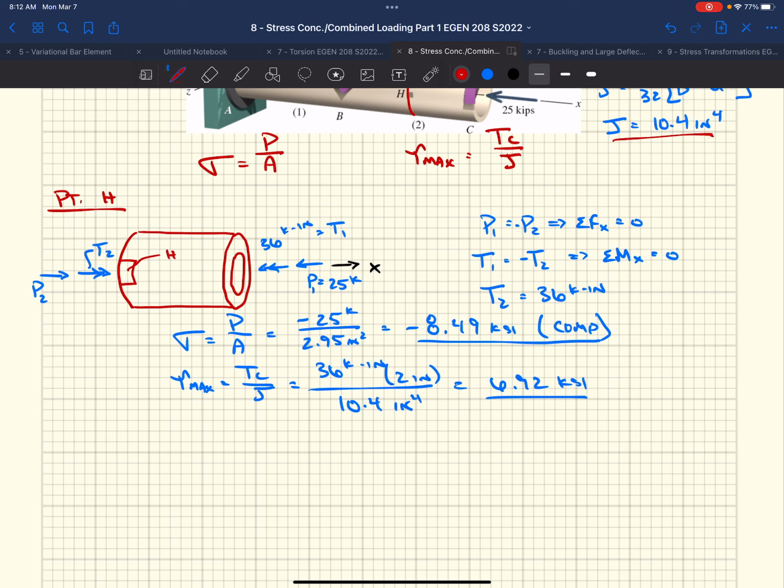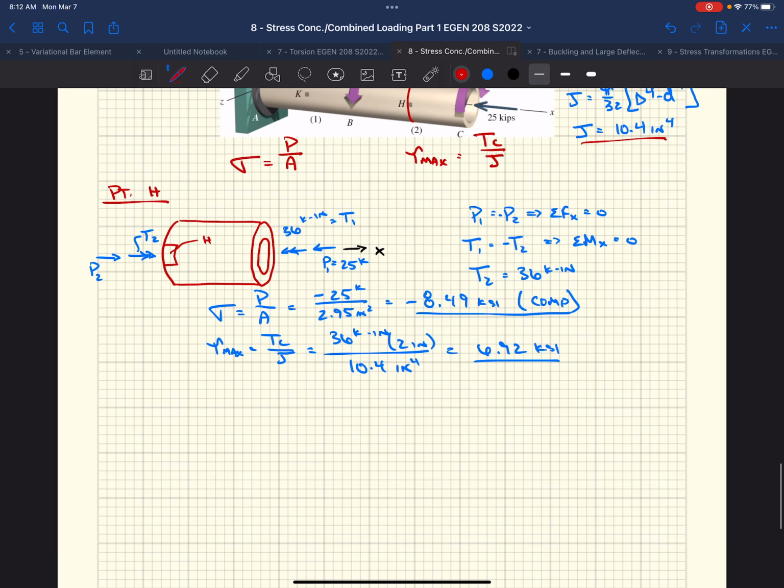We're going to have a force acting on the side of point H. We're going to draw a little diagram here in a second, and after we look at K. And then similarly, torsional shear stress, right? This torque is acting clockwise. That means the stress is acting downward on this face, right? So we've got 6.92 KSI for shear stress acting on the side of point H.